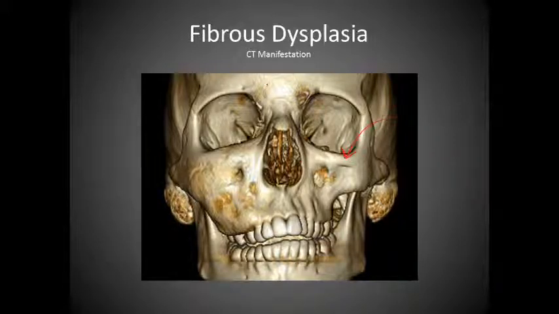This would be the normal area, and this would be the affected area. And notice how much larger the right side has become versus the left. And notice these little areas here and here. This is all of what fibrous dysplasia is.